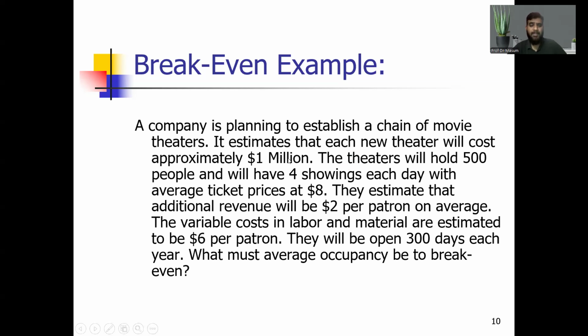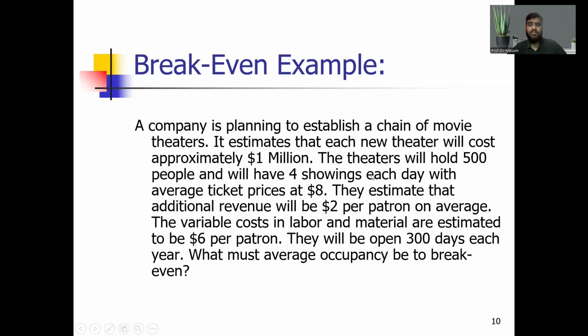That means the capacity. Theater capacity is 500. And we'll have 4 showings each day. With 4 showings each day and the theater holding 500, capacity 500 multiplied by 4 is 2000.